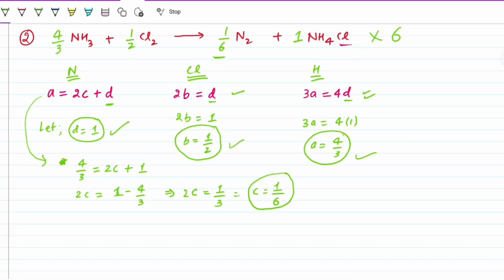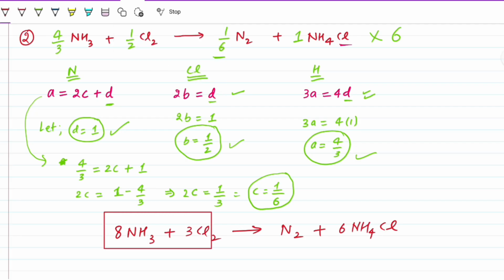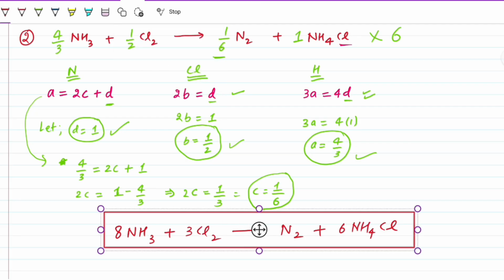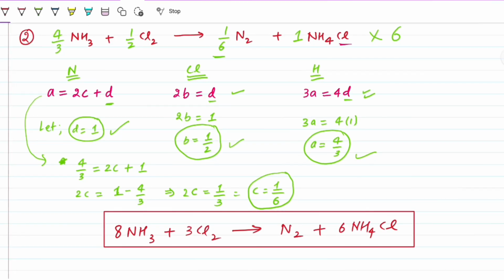The final equation is 4 by 3 into 6, which is 8 NH3, plus 1 by 2 into 6, which is 3 Cl2, gives 1 by 6 into 6, which is 1 N2, plus at the place of D we have 1, so 1 into 6 is 6 NH4Cl. This is the balanced equation. In this way we can balance any equation.